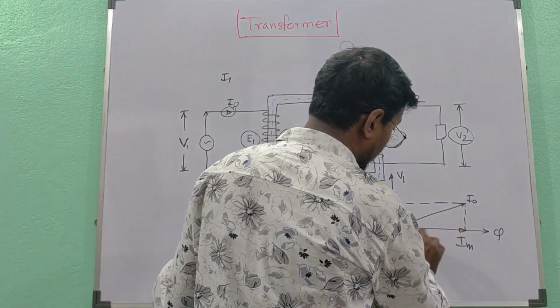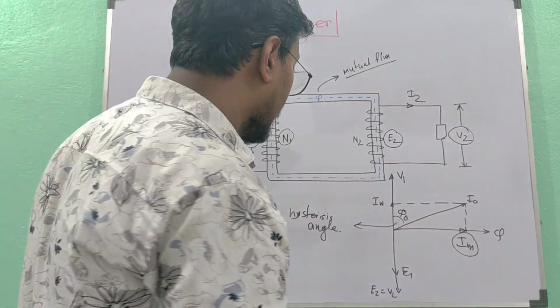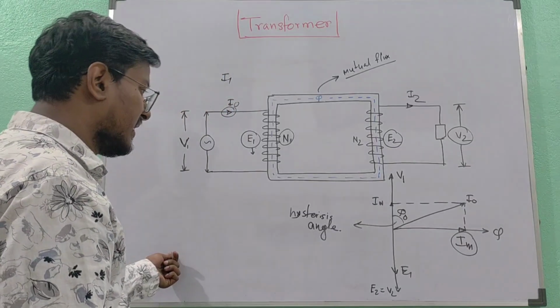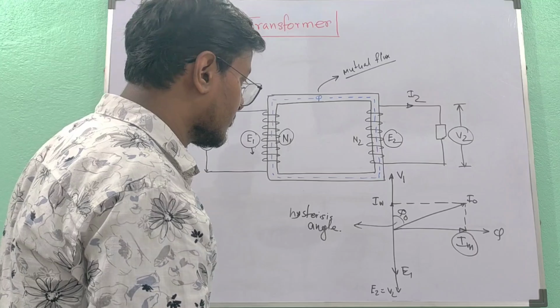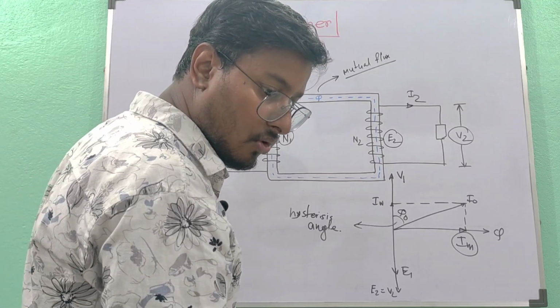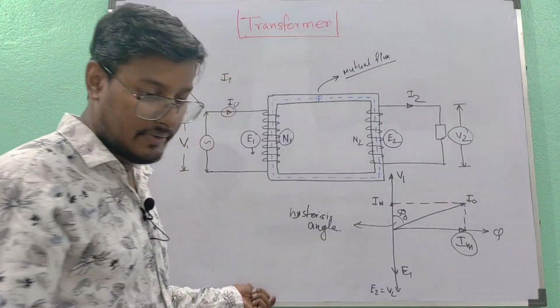I0 is made up of a large quadrature component Im, and hence the PF at no load is very small, almost 0.2, 0.3. The PF of a transformer at no load is very small. So no load copper loss I0 squared R1 is very small and may be neglected.